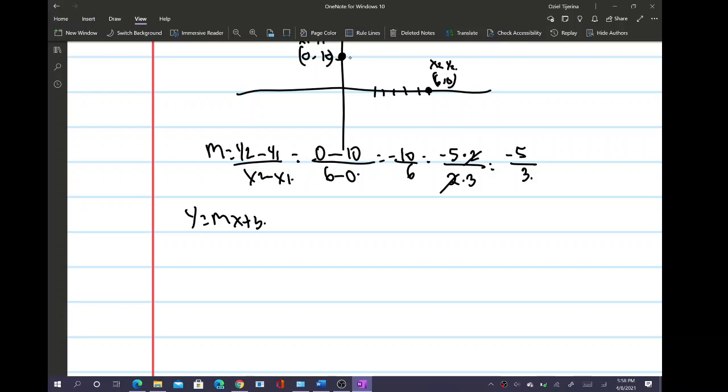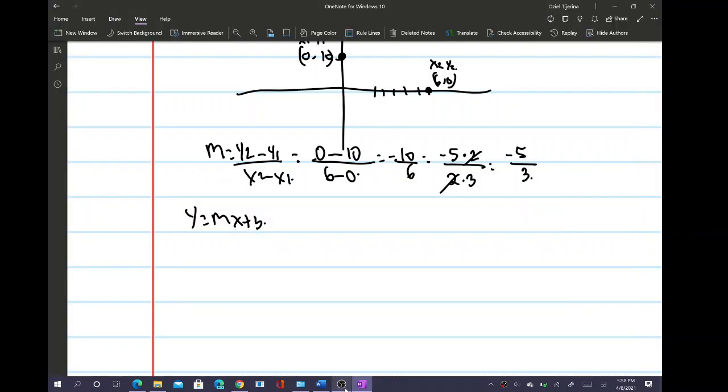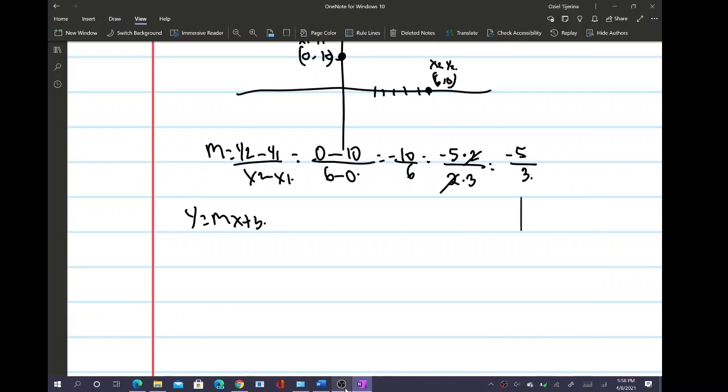And you want to go ahead and find the linear equation.